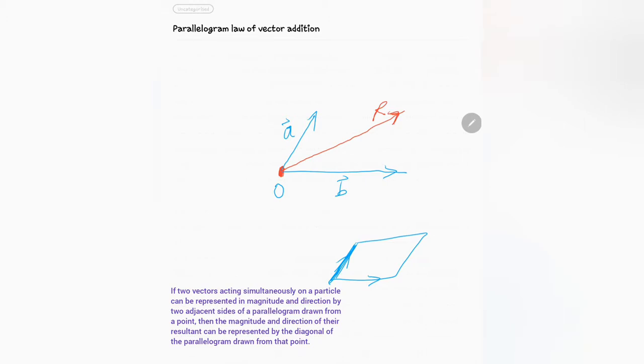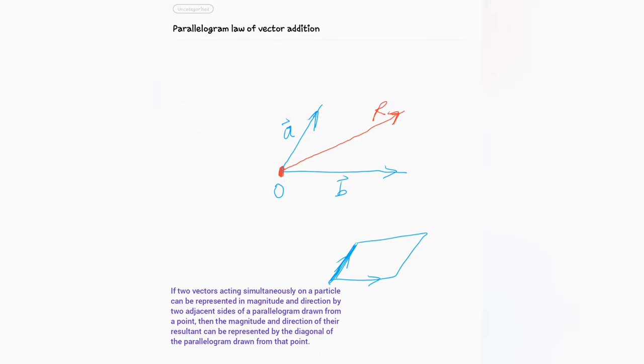Just the way the length of vector A, that's the length of the line, represents the magnitude of vector A, and the arrowhead on the line for A represents the direction of vector A. Then the same thing can be said about vector B. This is what the parallelogram law of vector addition is all about.